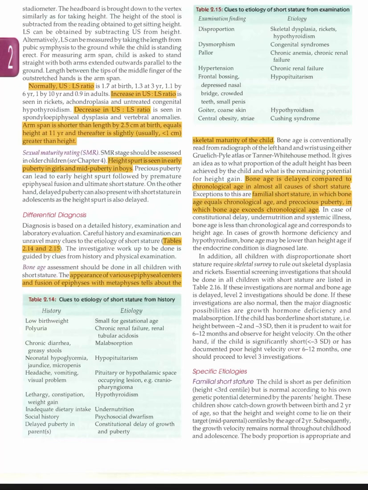Clues to etiology of short stature from examination findings: disproportion, dysmorphism, pallor, hypertension, frontal bossing, depressed nasal bridge, crowded teeth, small penis, goiter, coarse skin, central obesity, striae.